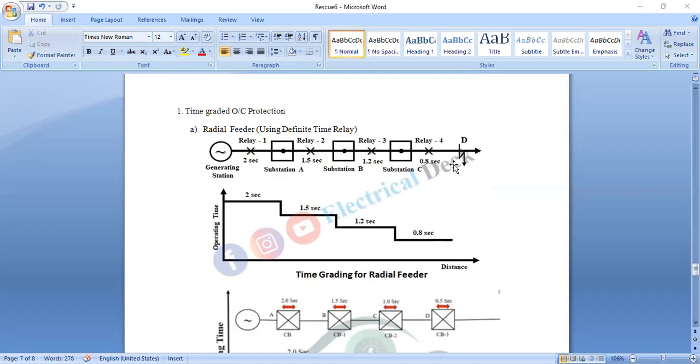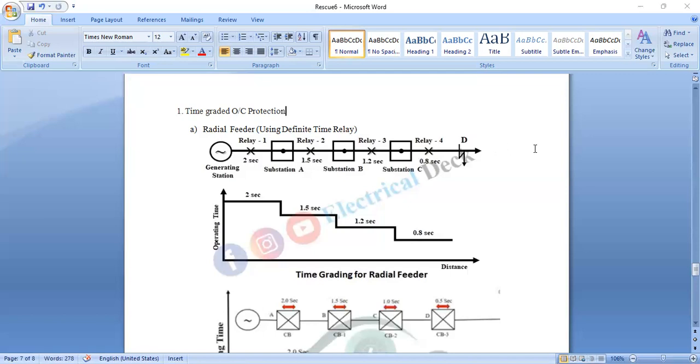So the relay nearest to the end of the line has the minimum time setting value, while the time setting of the other relays successively increases. The load end relay will have the smallest value, but the value of the relay will increase successively towards the source.